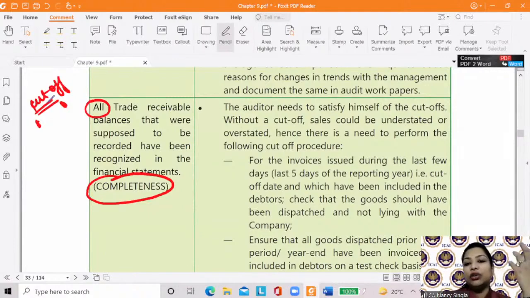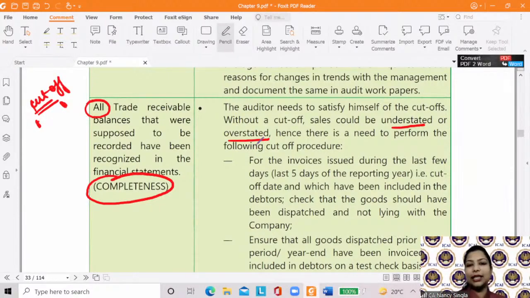So see, cut off, that is whether the debtors pertaining to the current period only are shown. This is necessary. Why? In order to see that these debtors should not either be understated or overstated, that all debtors transactions which were supposed to be recorded in the books of accounts for, let's say, our example, financial year 2021 should have been recorded in financial year 2021.